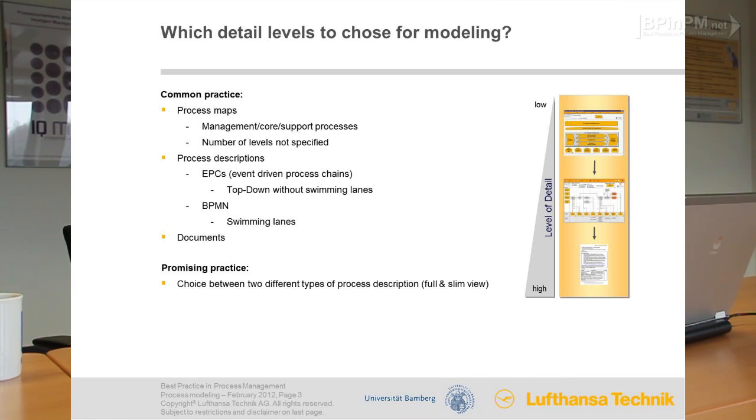And BPMN, some used swimming lanes, some didn't. So somehow it was comparable but different. But everybody had this level of detail that they had process descriptions in the end with activities and so on.